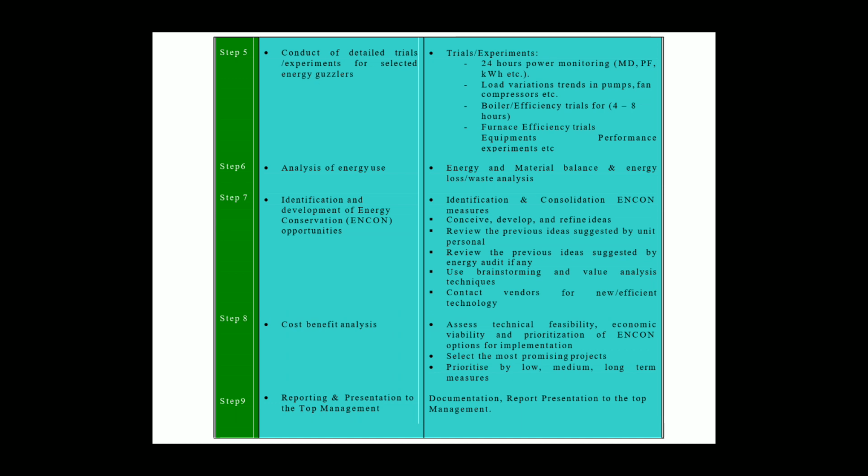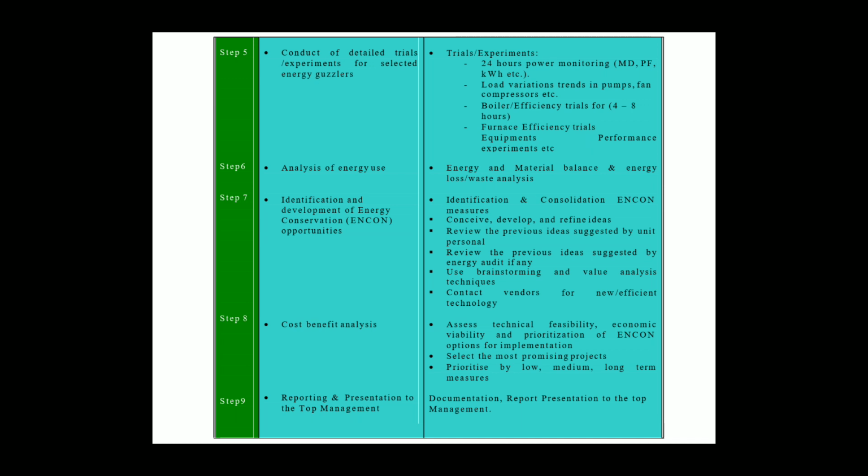Then step 5, conduct of detailed trials or experiments for selected energy guzzlers. The result is trials or experiments: 24 hours power monitoring, maximum demand, power factor, kilowatt hour, etc. Load variation trends in pumps, fans, compressors, etc. Boiler efficiency trial for 4 to 8 hours. Furnace efficiency trials, equipment performance experiments, etc.